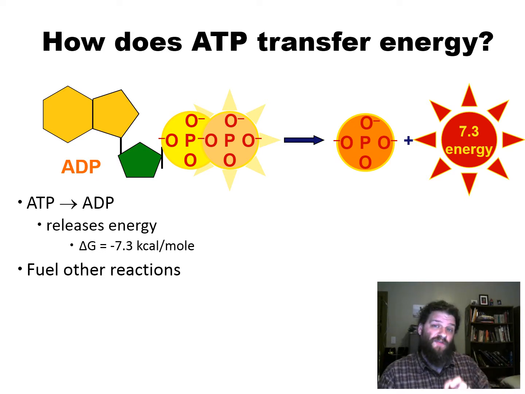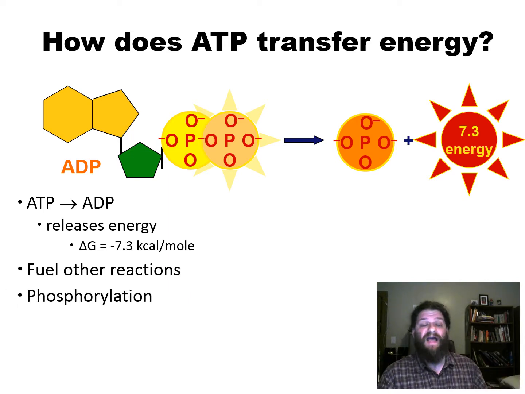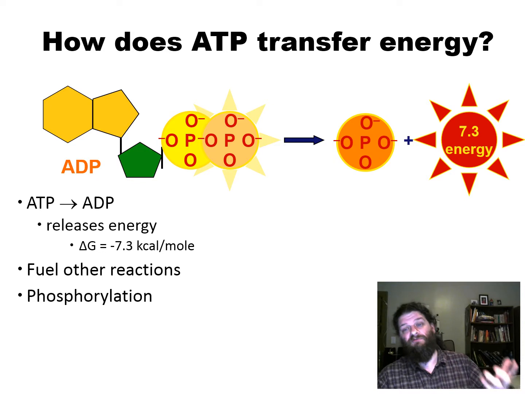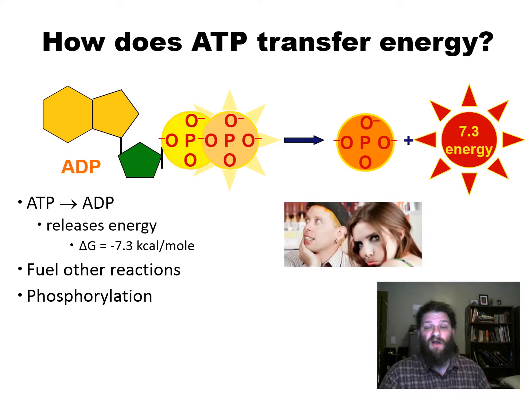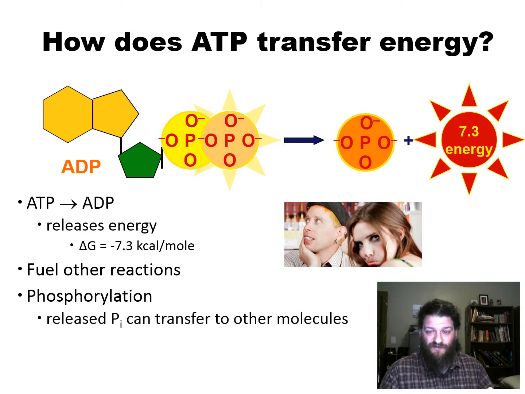We're going to use that change in free energy to actually fuel other reactions. And how we do this is by transferring that phosphate from one group to another through this process called phosphorylation. And what ends up happening is this phosphate group is kind of like a bad boyfriend. It doesn't really bond very well, and it destabilizes the molecule that it's bonded to.